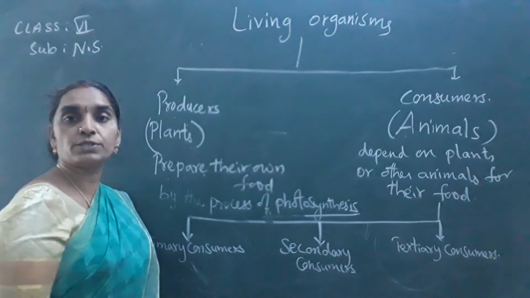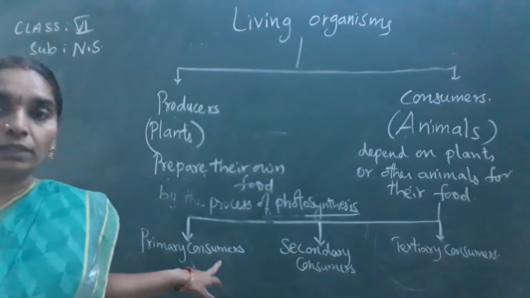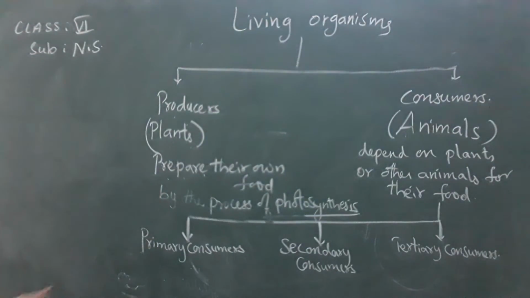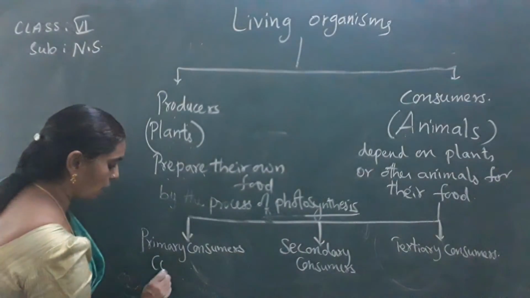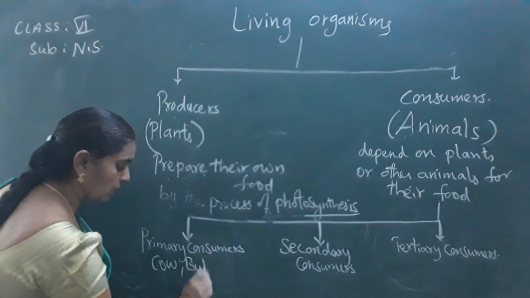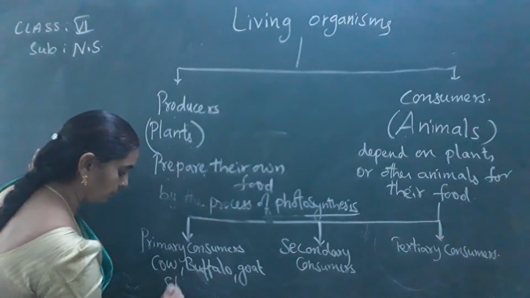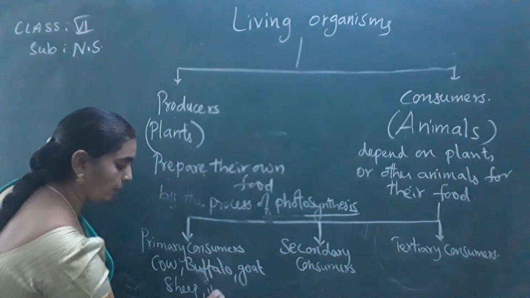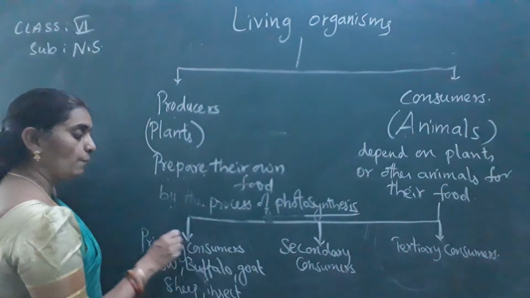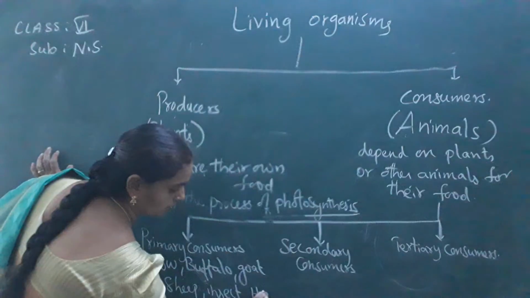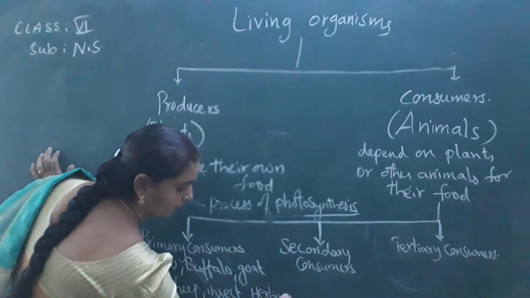Examples are insects, rabbits, cows, buffalo, goat, sheep. Even grasshoppers, like insects, are primary consumers. So primary consumers are herbivores.